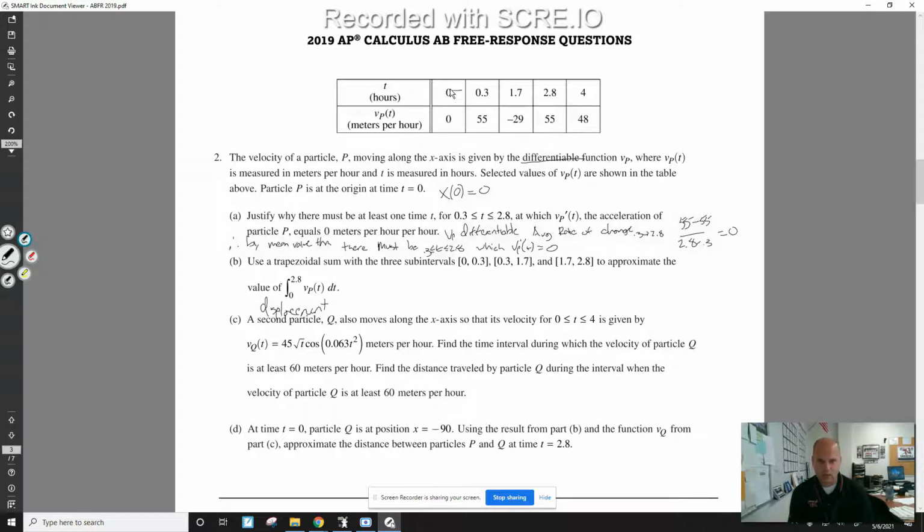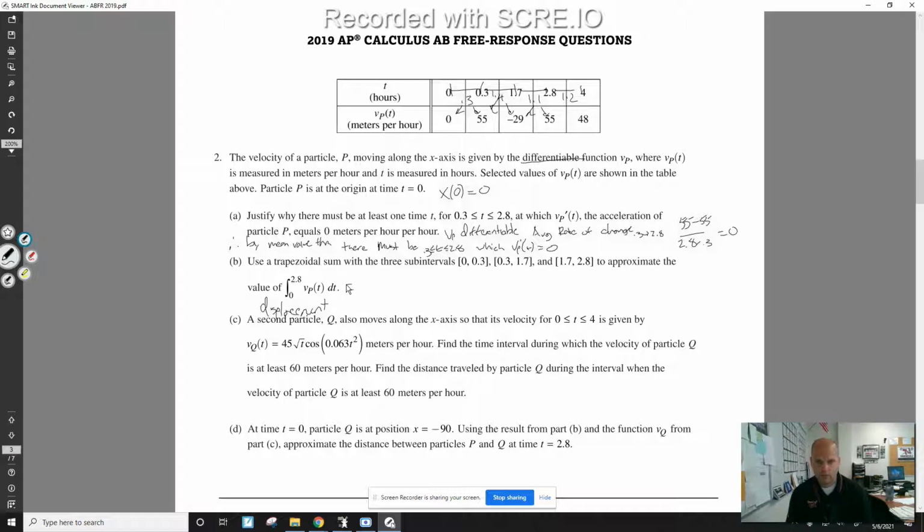Now, how do we do a trapezoidal sum? We'll figure out the base lengths, understand the heights you're using, and then the formula is 1/2 base times the sum of the heights. So I got a base length of 0.3, a base length of 1.4, a base length of 1.1, and a base length of 1.2.